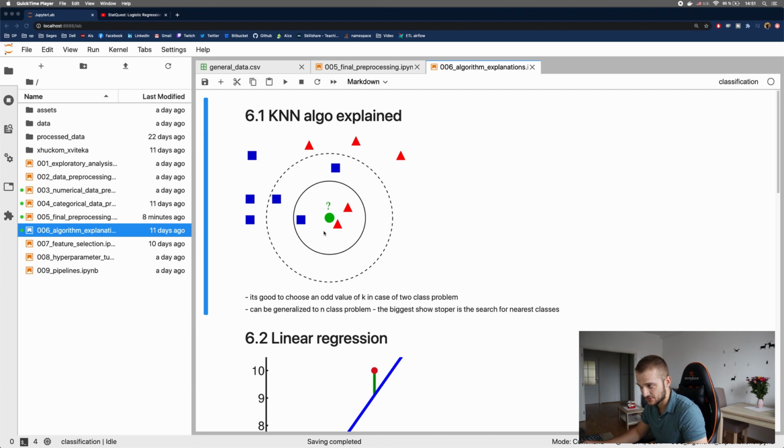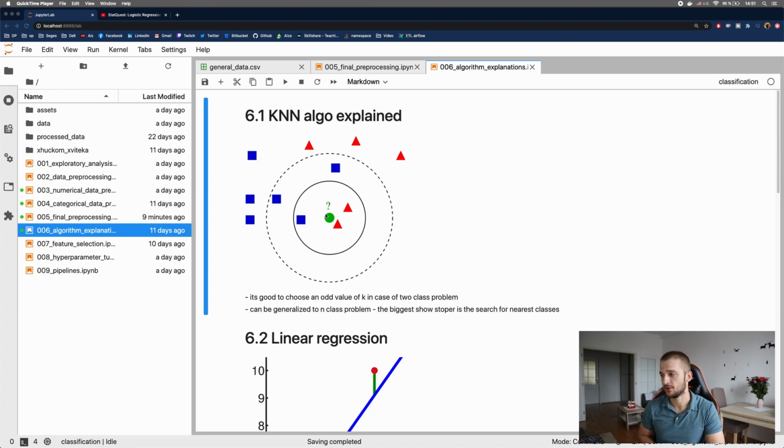In this case, it's looking for 3 nearest neighbors. As you can see, there is a square and there are 2 triangles. Let's make it easy. The classifier will guess the class based on the k nearest neighbors by majority vote. In this case, the majority is triangle.